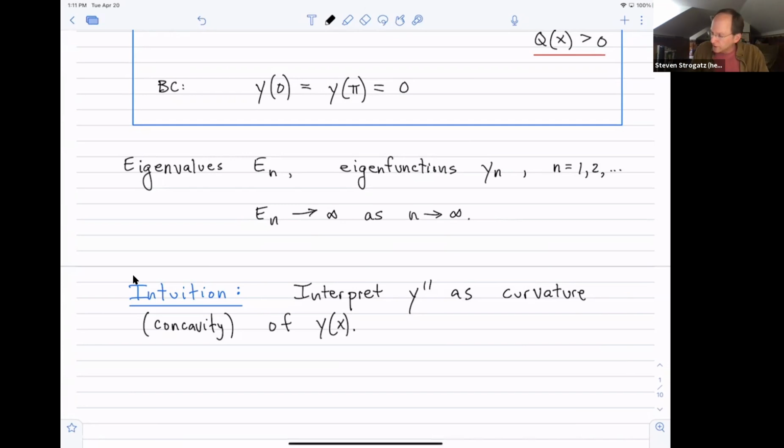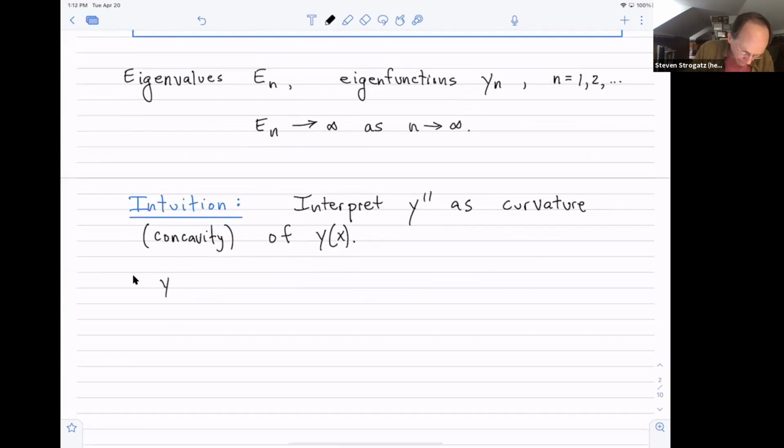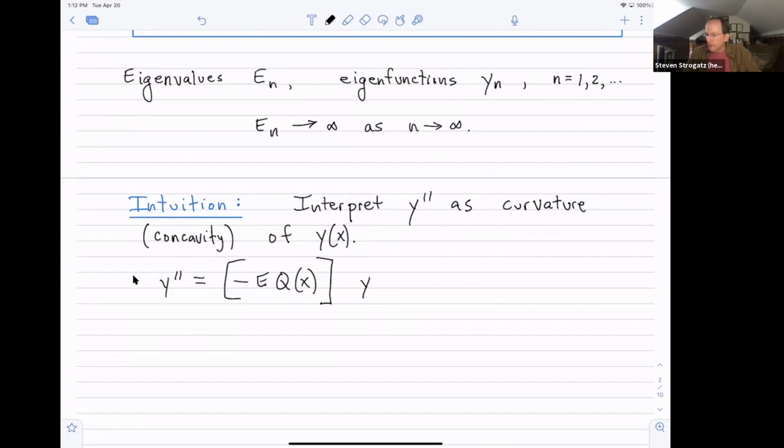And then when you look at the equation, which tells us that y double prime is negative e times this positive quantity q of x all times y. Think about this visually, geometrically like this.